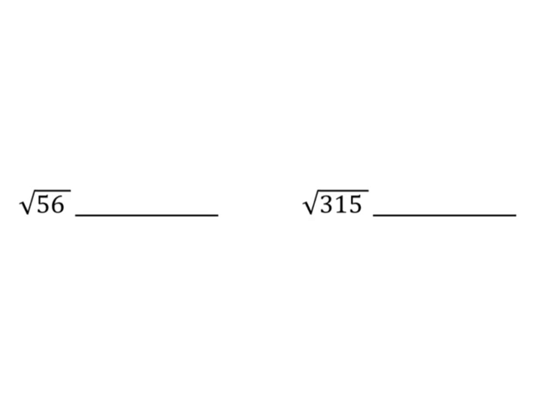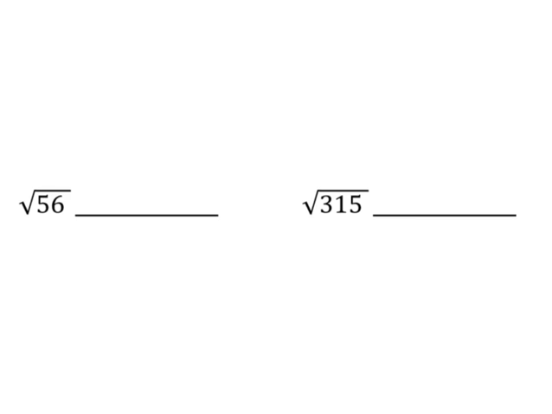We have the square root of 56 and the square root of 315. We can use our calculator. And I know when you have a calculator, it's easy to not do what I'm just about to say. But in our previous exercise, we thought about, okay, what two integers was the square root in between? So let's do that for the square root of 56.